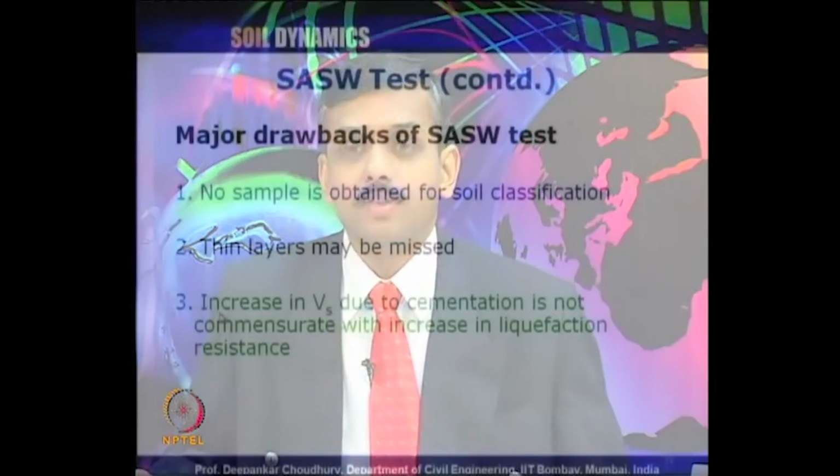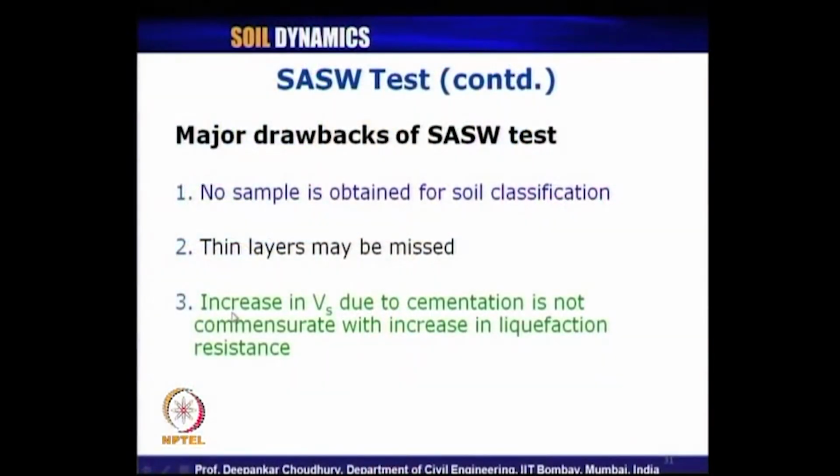The third limitation of this test is, suppose we are getting a continuous increase or sudden increase in Vs value from our record of this SASW test. It need not necessarily mean that it is providing us a very stiff or good soil material, which in turn means good liquefaction resistance.